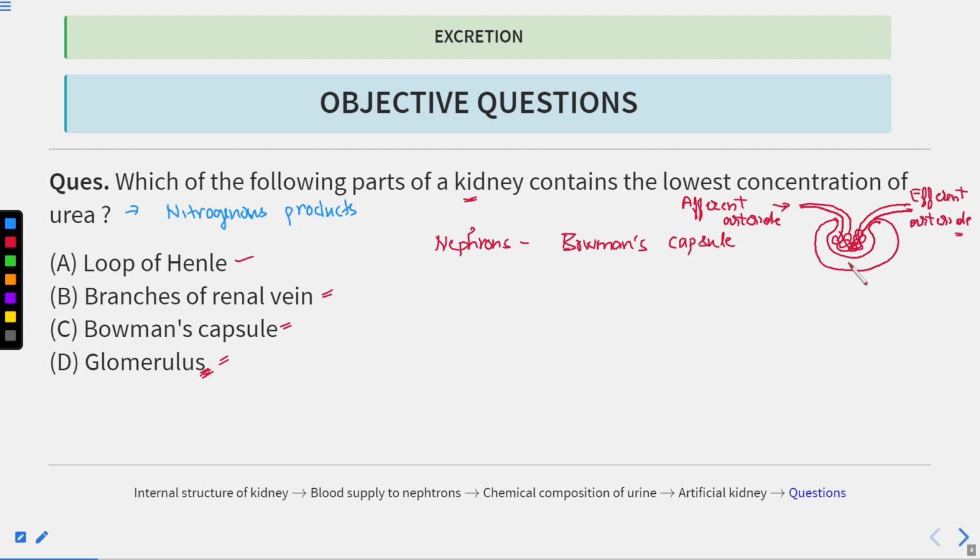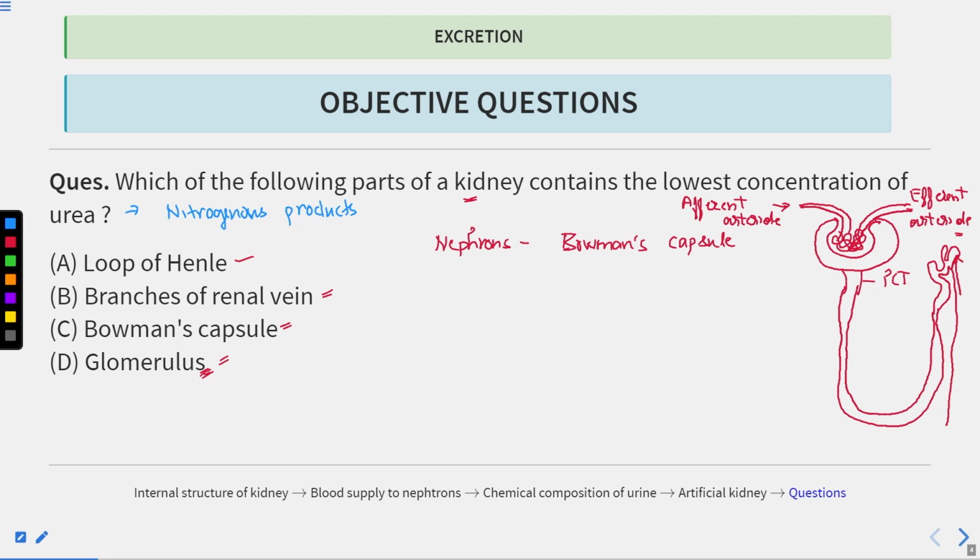Then you have the proximal convoluted tubule. Then you have the loop of Henle, which is U-shaped here, and then the loop of Henle is connected to the distal convoluted tubule, and then you have the collecting duct in the end.